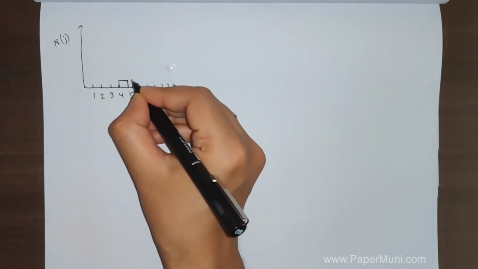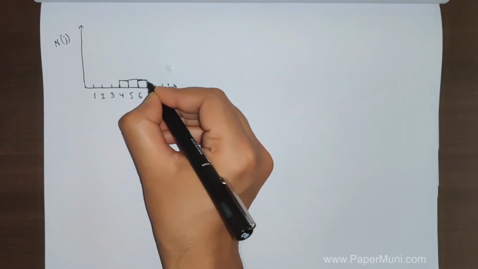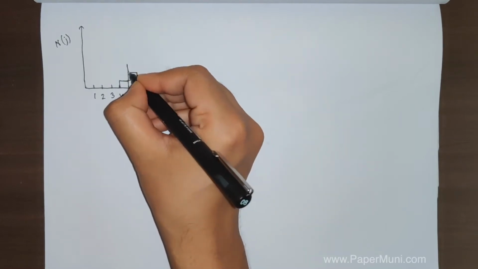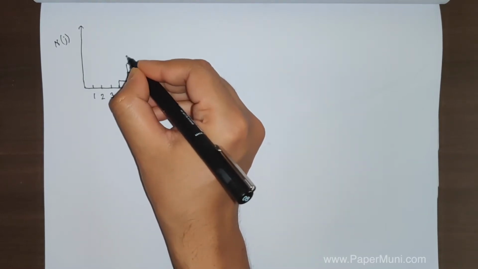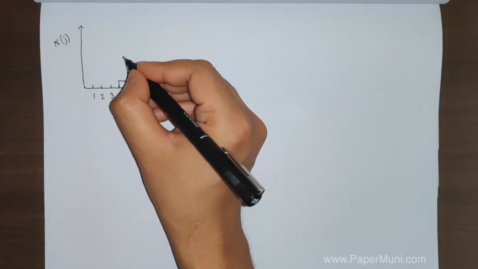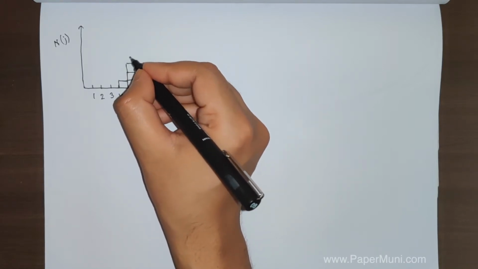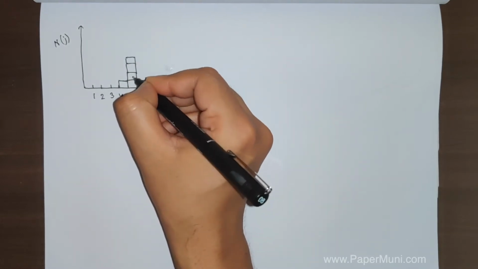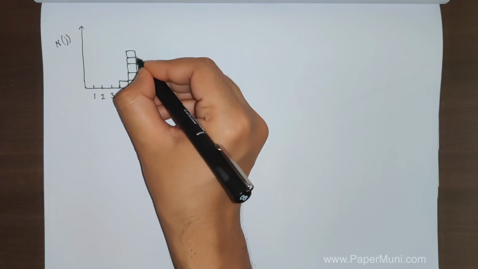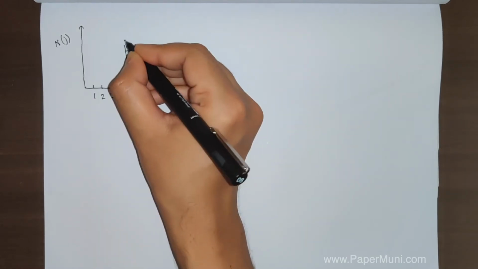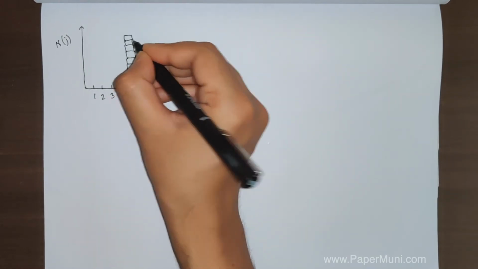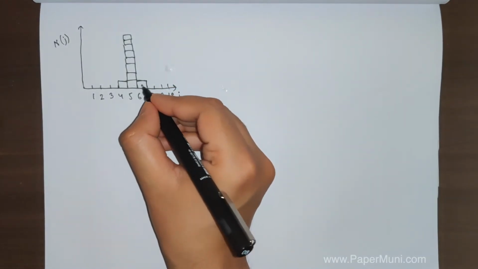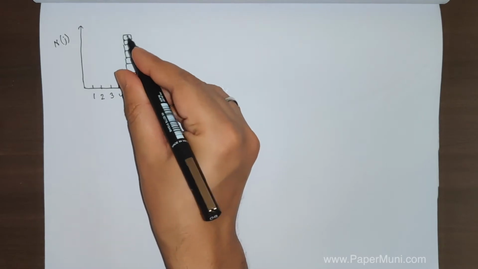You have one box here, one box here, and one box here, and there are like 8 boxes here. So let's draw them: 1, 2, 3, 4, 5, 6, 7, 8. The total number of data points is 10.